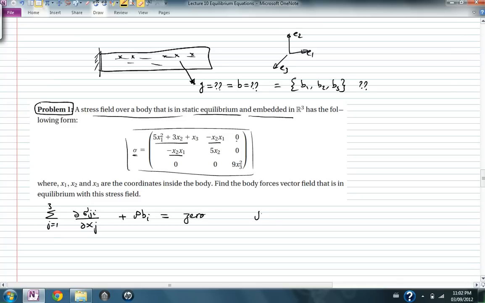So rho b1 is equal to negative, all this is negative, partial sigma 1,1 by partial x1 plus partial sigma 2,1 by partial x2 plus partial sigma 3,1 by partial x3.